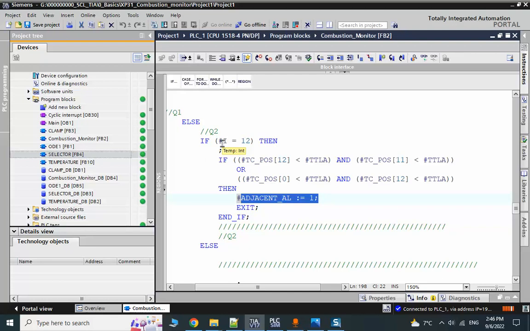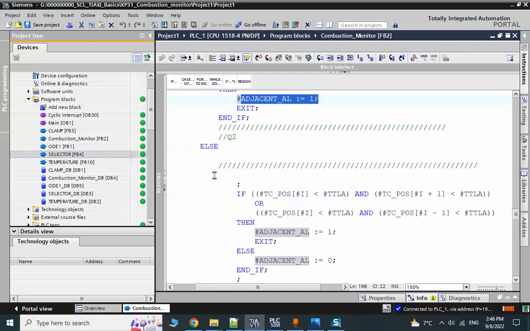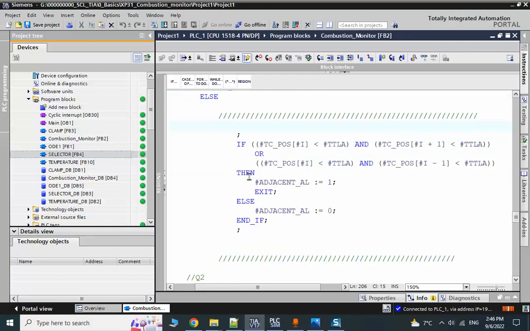If I is not 0 and I is not 12, it's in the middle. It's 1, 2, 3, 4, 5, 6, 7, 8, 9, 10, 11. So these are not boundaries. They are in the middle. So the condition in the middle is somehow similar.